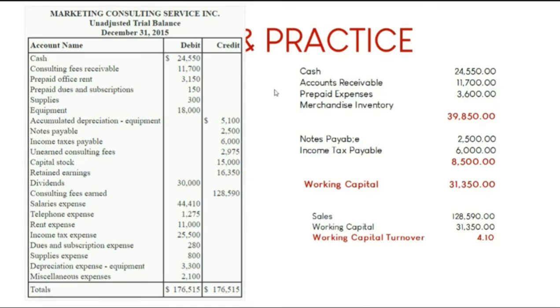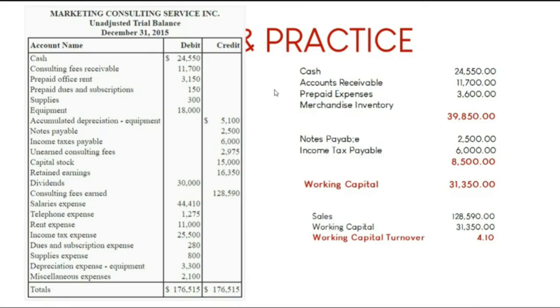So in this case, 4.10, this is a high turnover rate for our working capital. And this means for every peso in the working capital, it generates 4 times more. So ibig sabihin nito, kailangan natin ng additional working assets para ma-sustain natin yung sales natin or we could possibly increase it more.